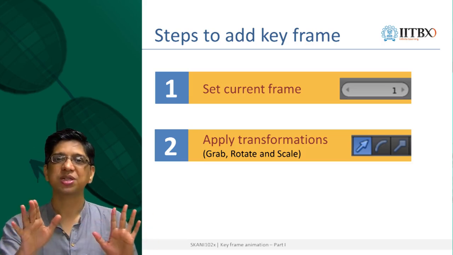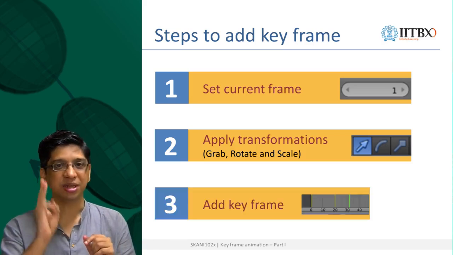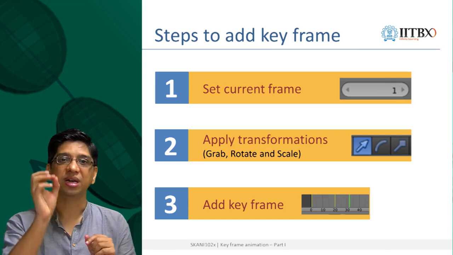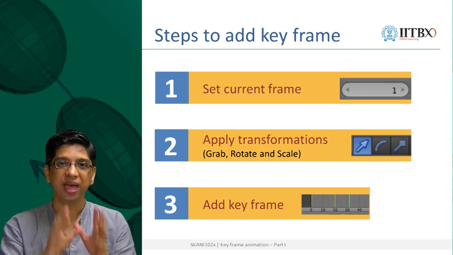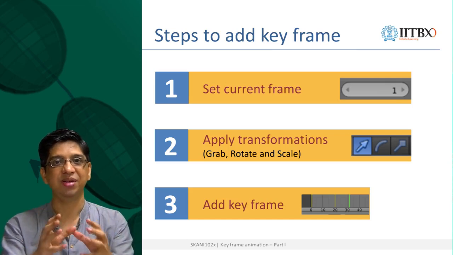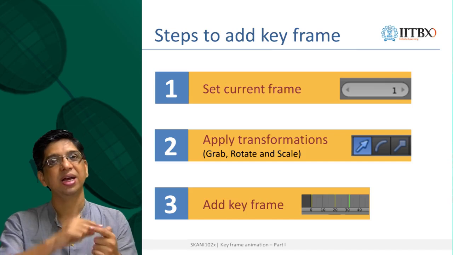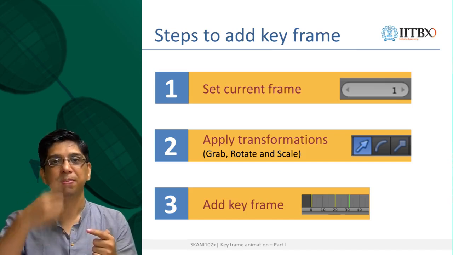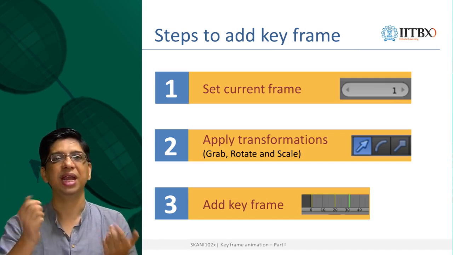That is step number 2. And step number 3 is to insert a keyframe, by which you tell Blender to make these transformations available at this particular frame number. Once you have done that, this procedure can be repeated over and over again to add any number of keyframes in the given animation.